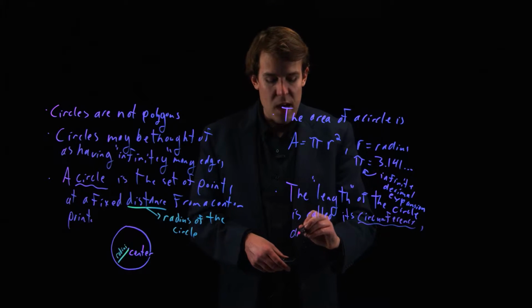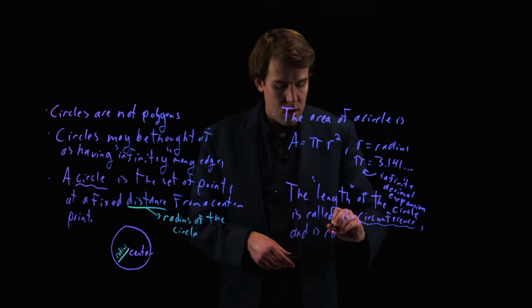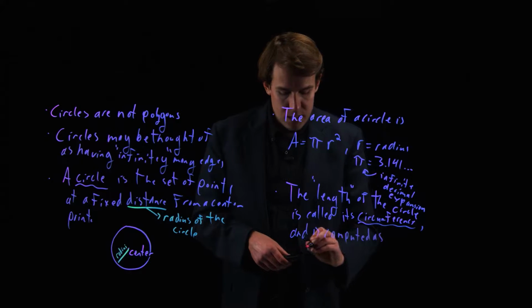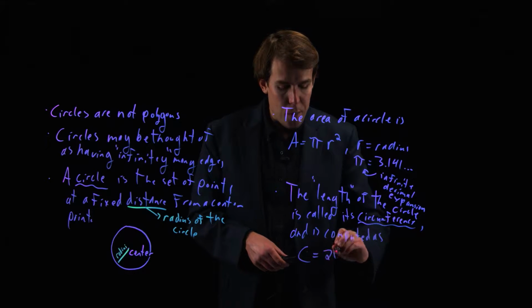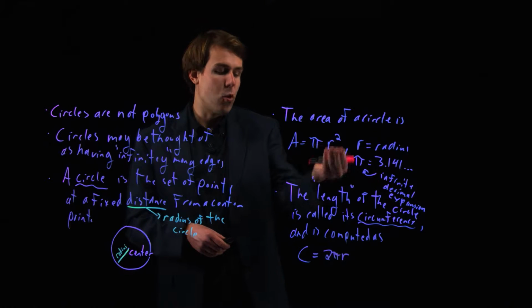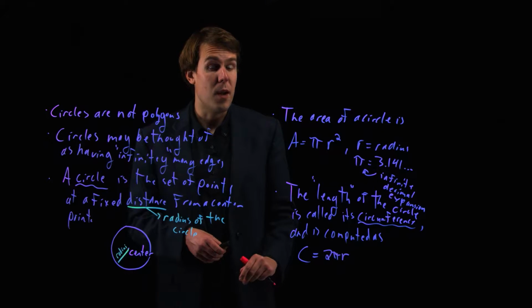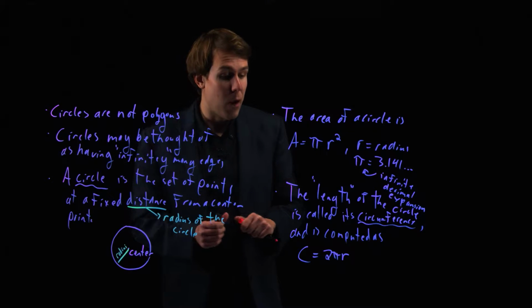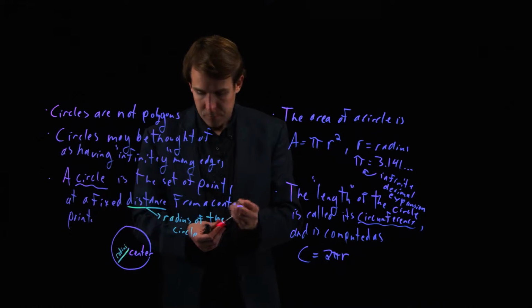And it can be computed as C equals 2 pi times r. So the area, we squared r. In the circumference, we do not. But we multiply by 2 pi, whereas for the area, we multiply by pi.